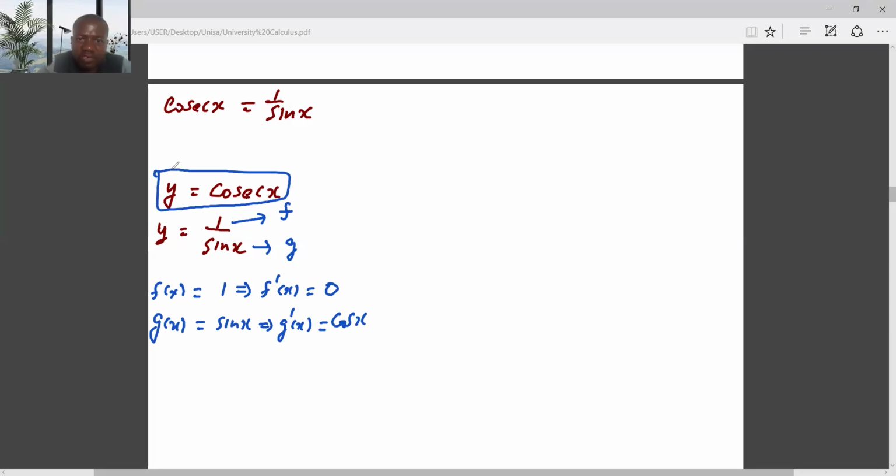So we'll just write the definition to say dy over dx, quotient rule. We differentiate the numerator, which is the f, and we leave the denominator, minus, we leave the numerator, we differentiate the denominator, divided by the denominator squared.